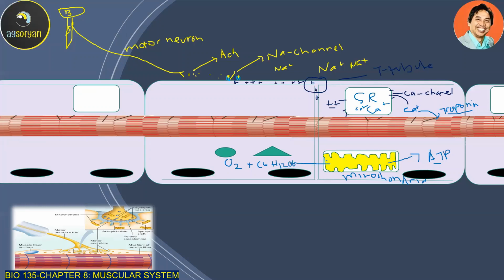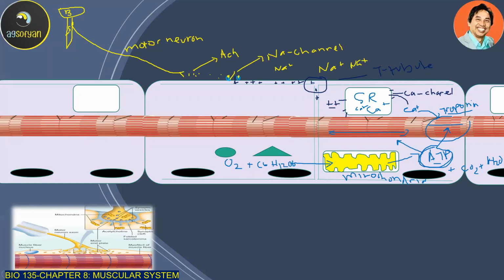It will enter this process and finally produce the ATP plus the waste products, carbon dioxide and water. This is the ATP that will be used for pulling the actin by the myosin. So this sarcomere will contract whenever we have the ATP.